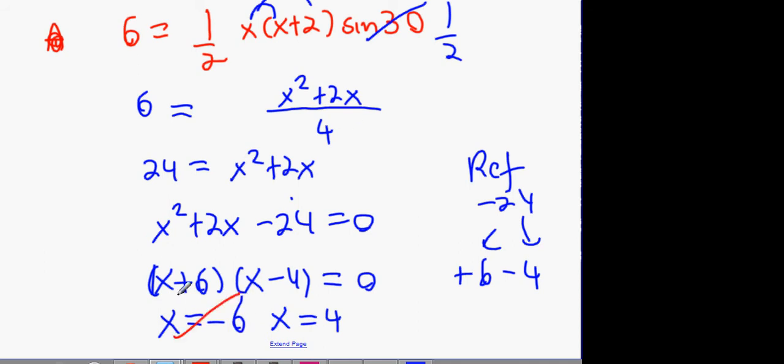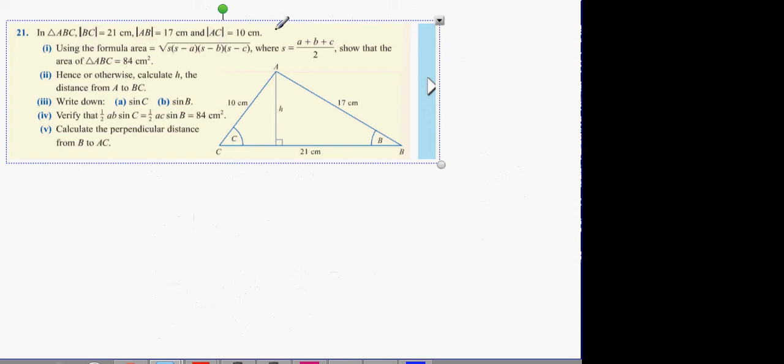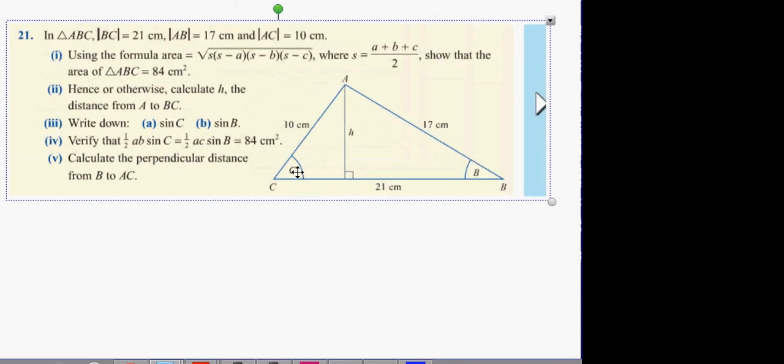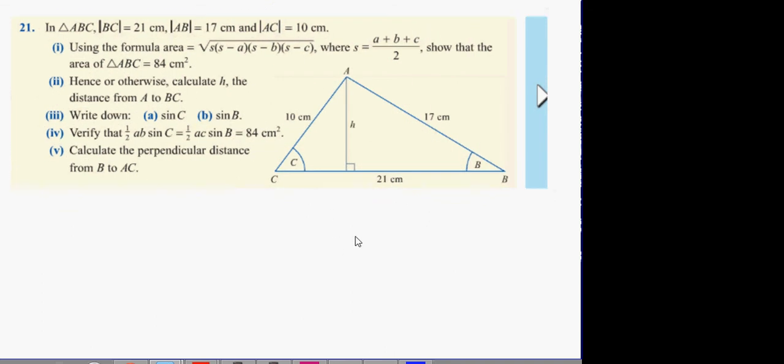Okay, moving on. Number 21. Now guys, they're lucky enough to show us the formula. The formula is actually in your tables. This is something different. What it says is, to get the area of a triangle, we're going to calculate a variable called s.